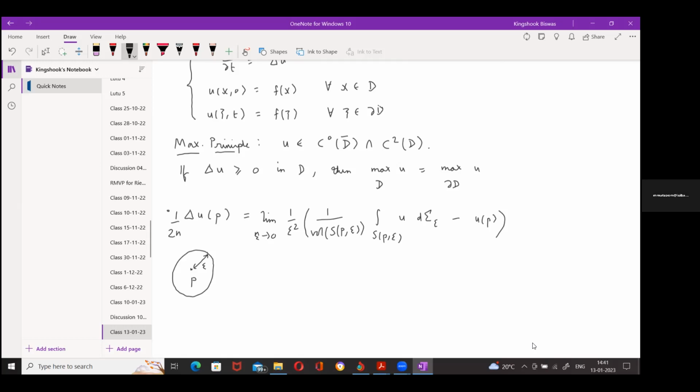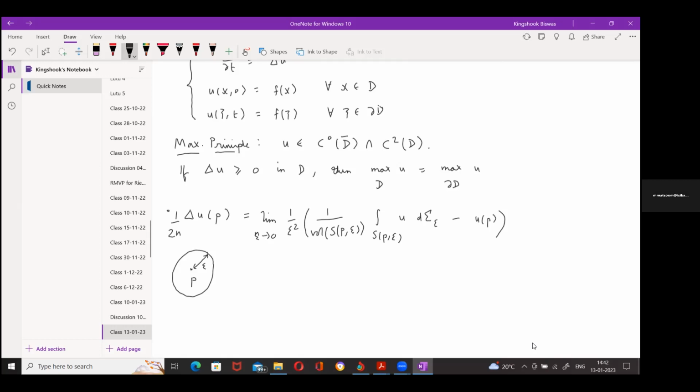So the Laplacian measures how far U is from satisfying a mean value property on small spheres. We'll prove this formula later in the course. In a more general setup for Riemannian manifolds, we'll prove this formula.